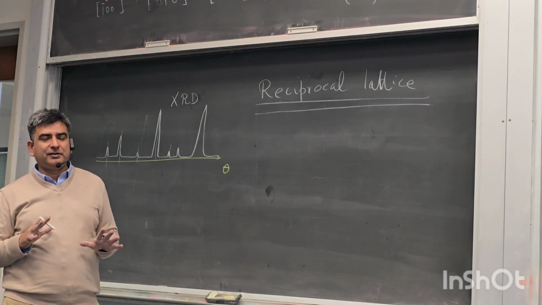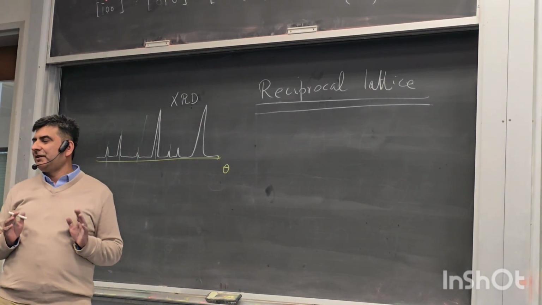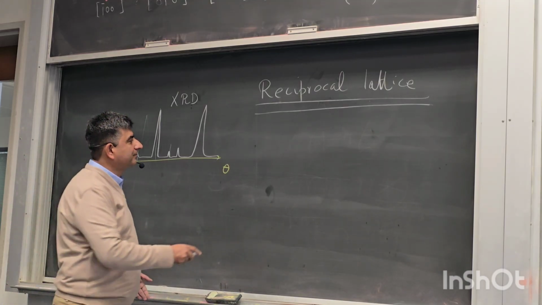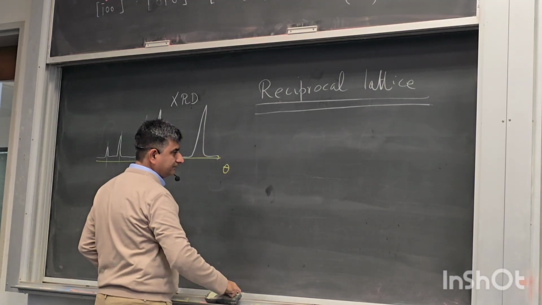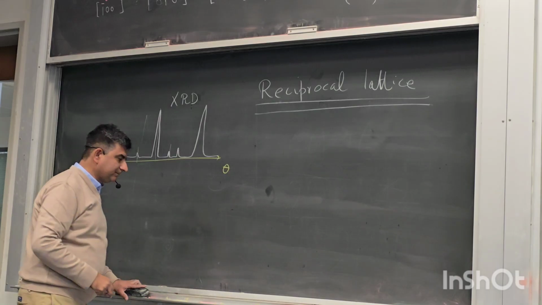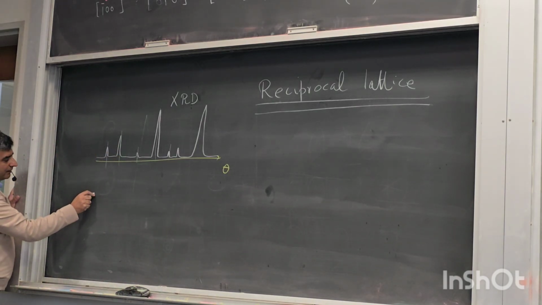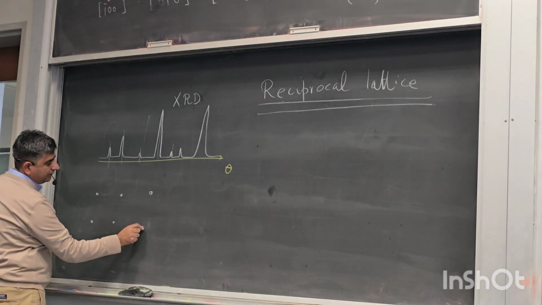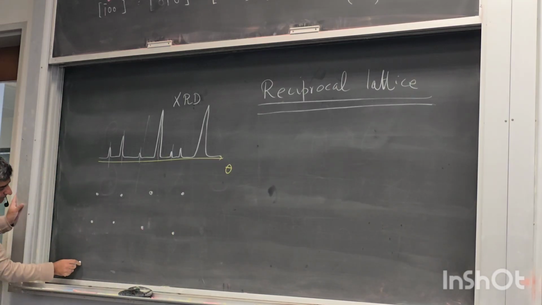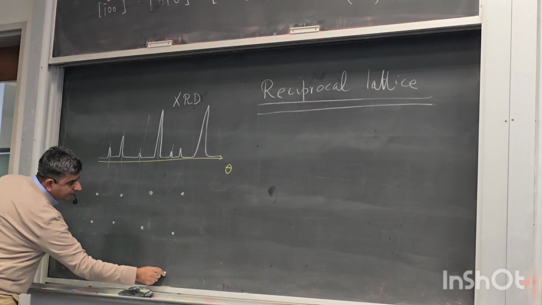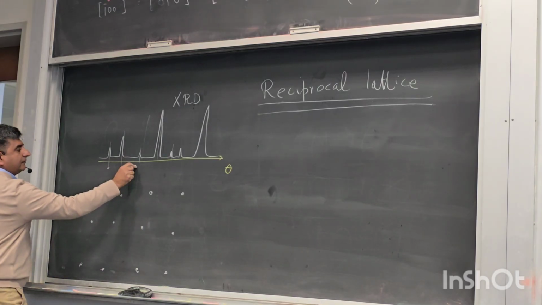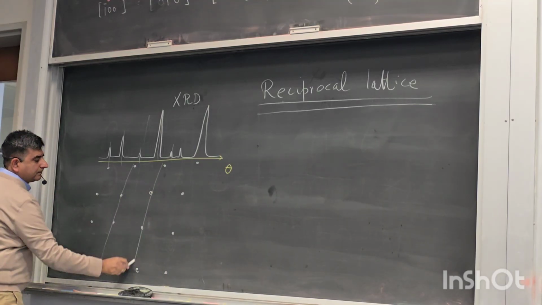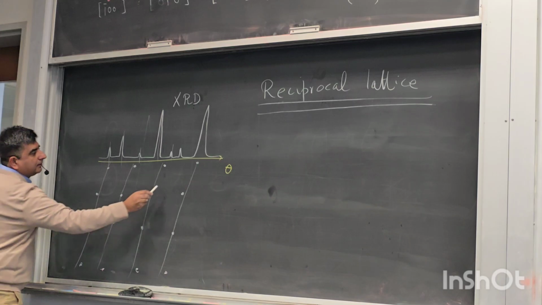Let me make things simple. Let me consider the monoclinic lattice, and I'm looking at the C plane, which means the plane which has the A and B axes.